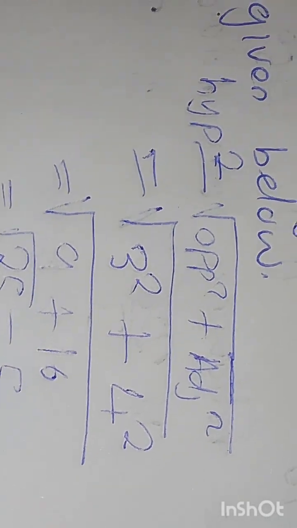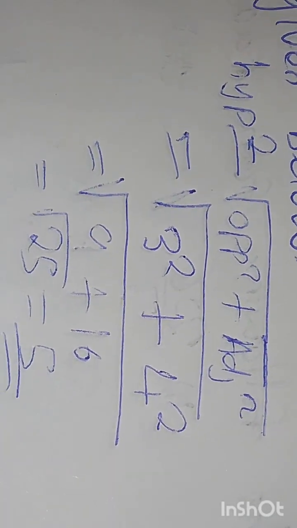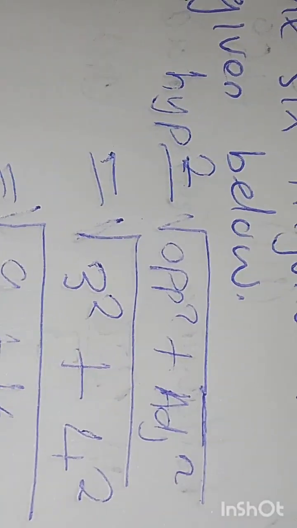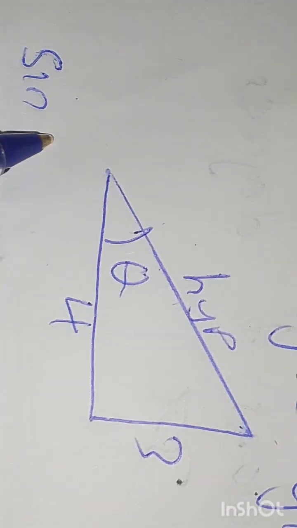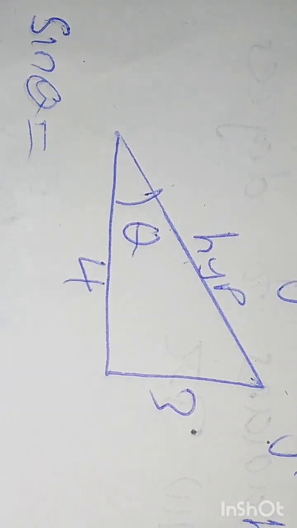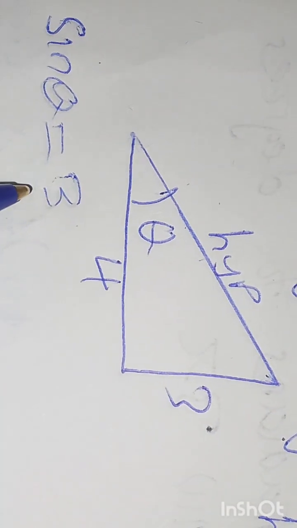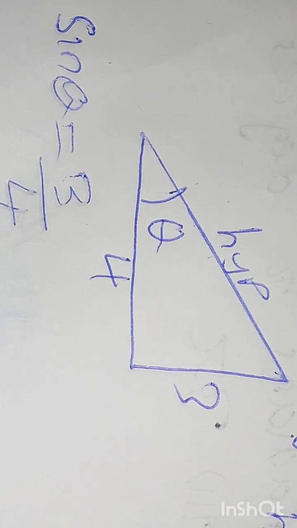So now let's answer the 6 trigonometric functions using the given information. We can start with sine theta. Sine theta is given by opposite over hypotenuse. Which one is our opposite? Our opposite is 3, hypotenuse 5. You are done.